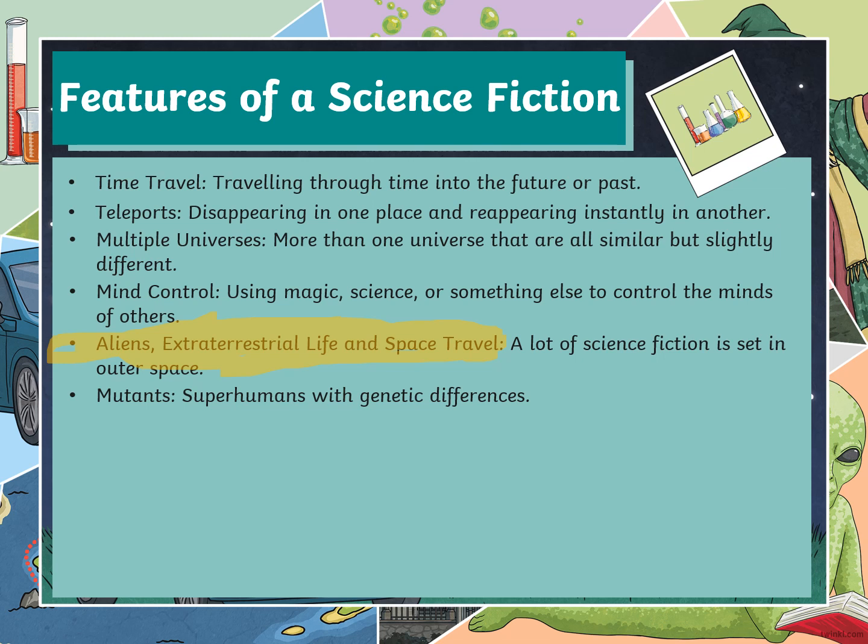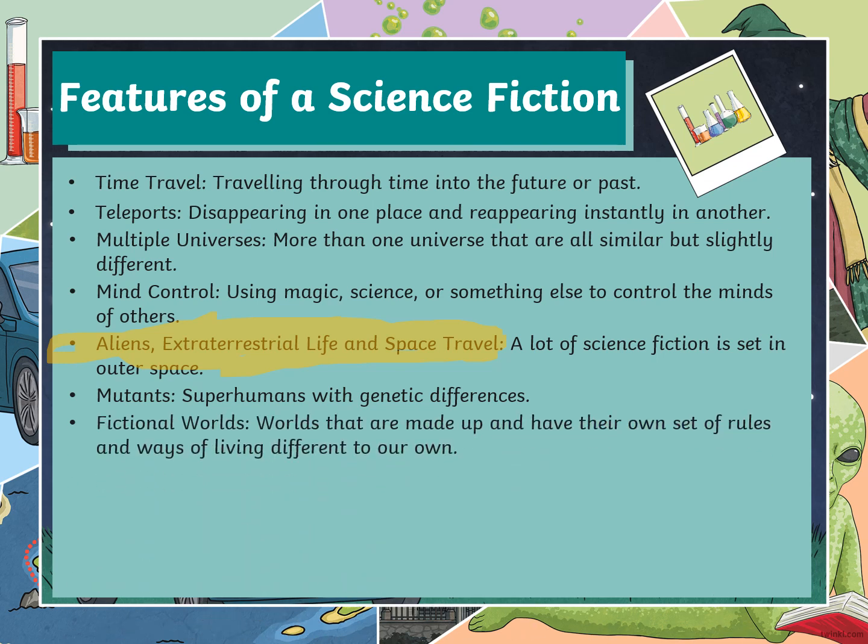Mutants, the super humans with genetic differences, like Spider-Man when he got genetic differences so he has the web coming out of his hand. Like the Hulk, he is half human, but with anger he becomes a monster. Mutants are known. Fictional worlds are made up and have their own set of rules and ways of living different to our own.